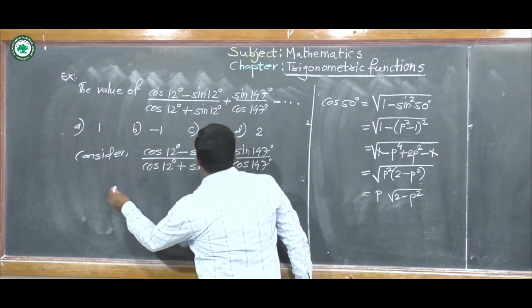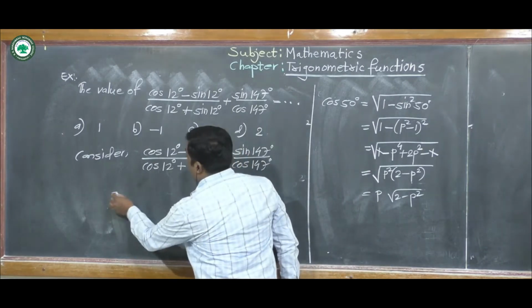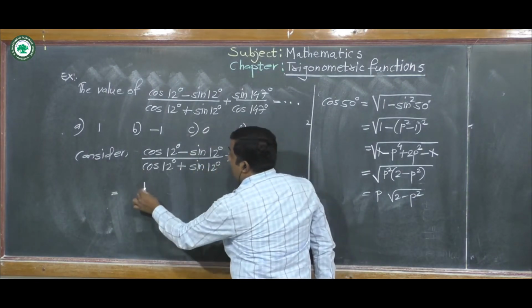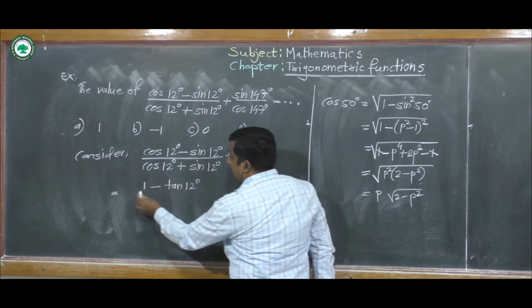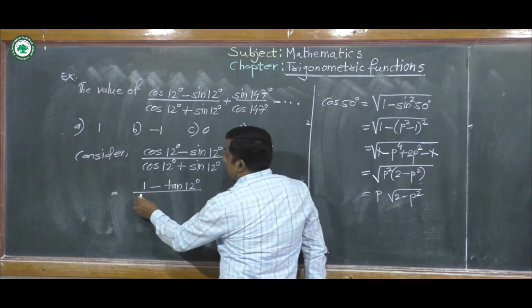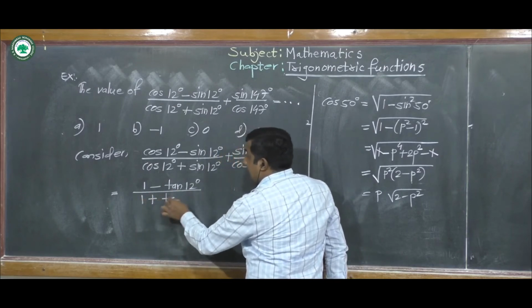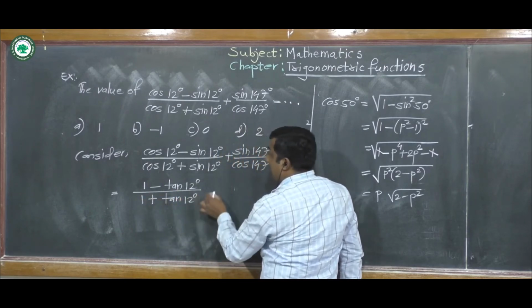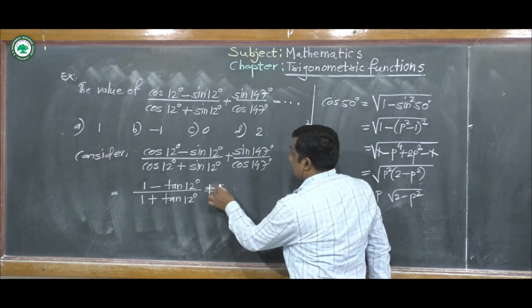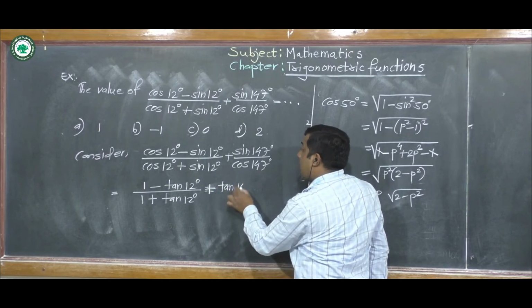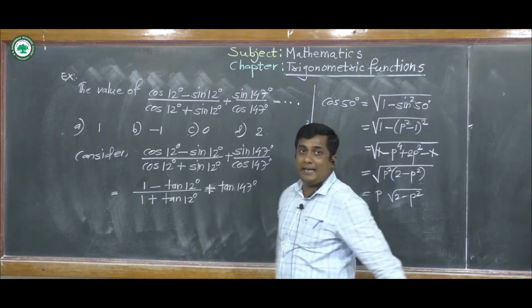So I write this as 1 minus tan of 12 degree, divided by 1 plus tan of 12 degree, plus tan of 147 degree.